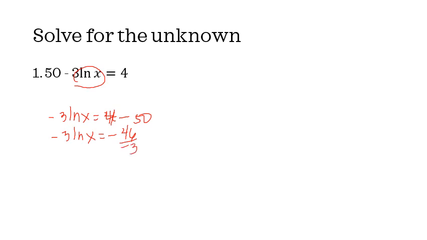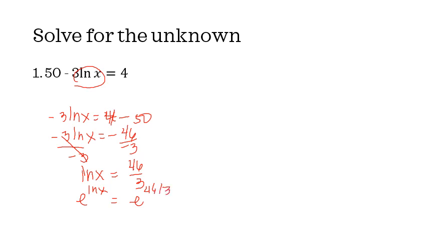Dividing by negative 3 on both sides, this is equal to ln x equals 46 over 3. Then we already know that e raised to ln x, e raised to 46 over 3.